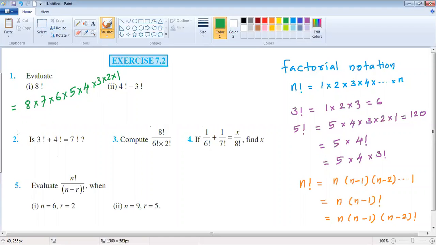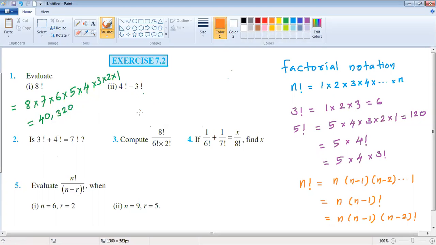There is no other way. So which is equal to 8 into 7 into 6 into 5 into 4 into 3 into 2, so you'll get 40,320.